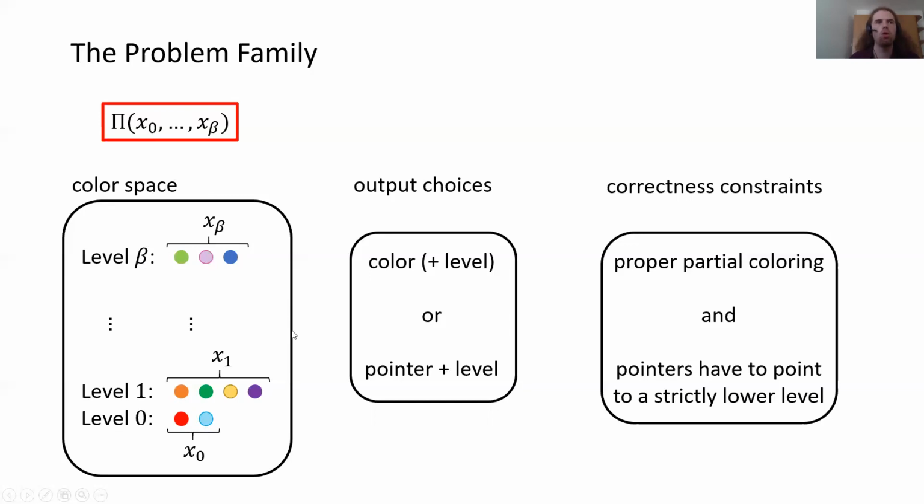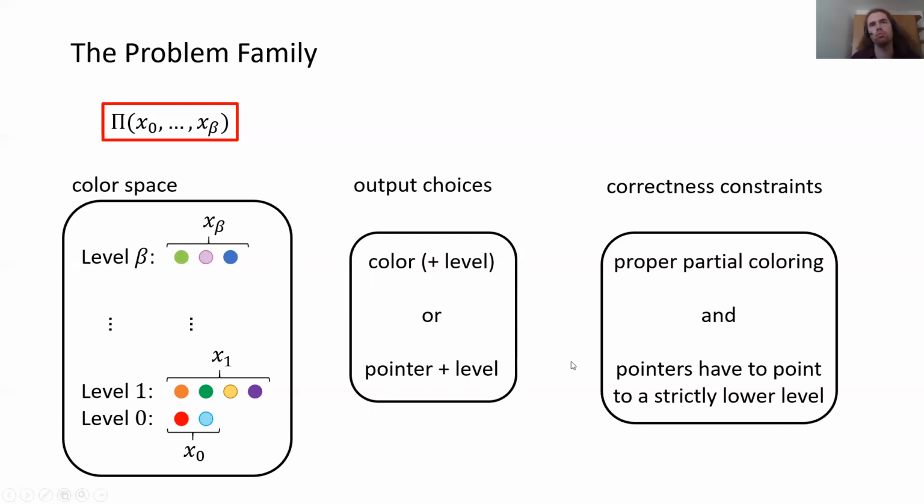And we will assume that all of these colors in the color space are distinct. Now the task of each node will be to output either a color, which will then implicitly also assign a level to the node, or a pointer, which just means I choose one of my neighbors and point to this neighbor, plus explicitly also a level from 0 to beta.